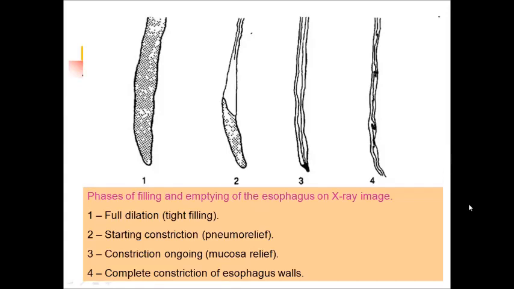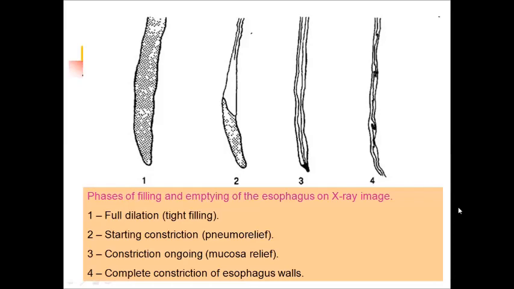Phases of filling and emptying of the esophagus on X-ray imaging after barium swallow. First phase is full dilation, or so-called tight filling.